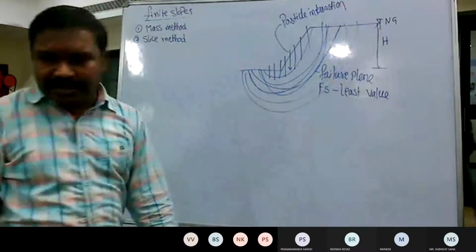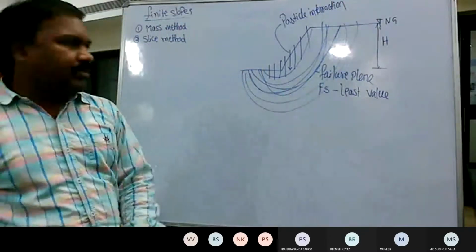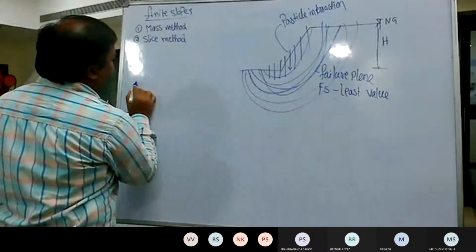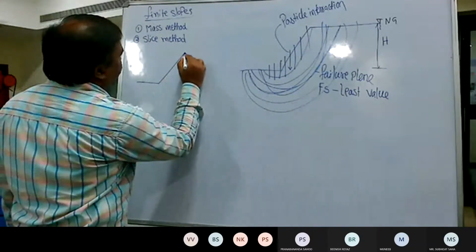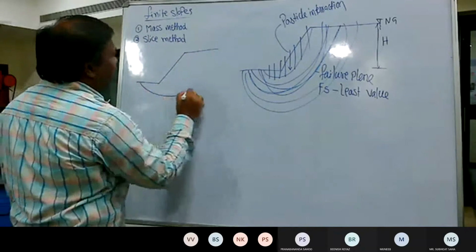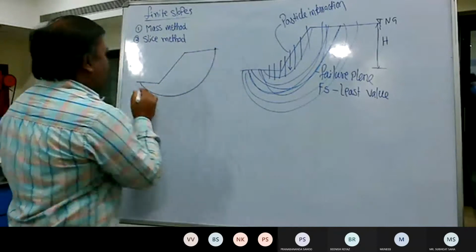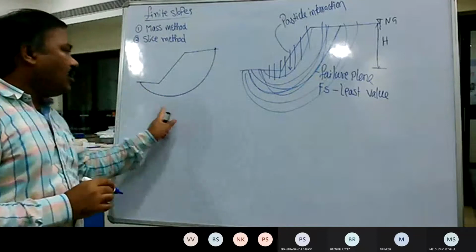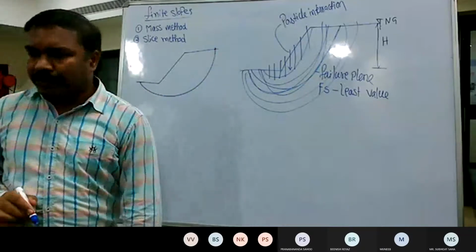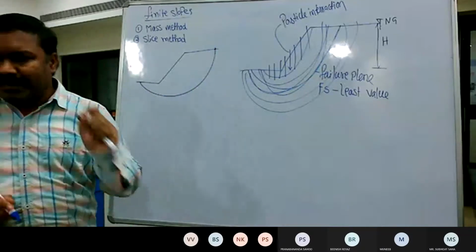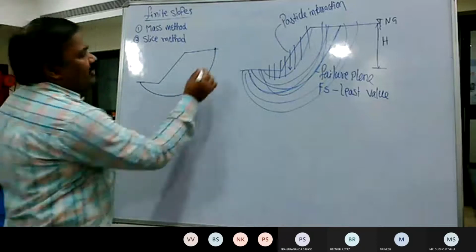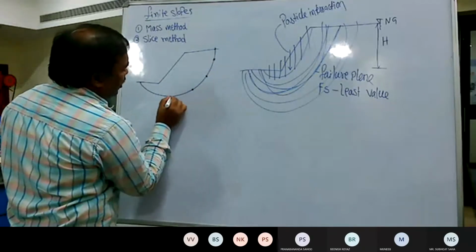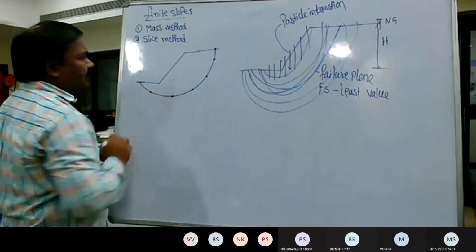Just imagine this is the slope and this is the failure plane. Now, if I ask you a simple question: all along the length of the failure plane, will you be able to say yes, the failure is triggered at this point, or this point, or this point?